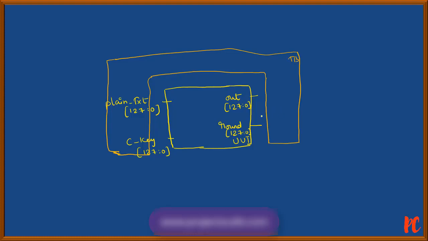If you observe with respect to this UUT, the output of this UUT will be acting as input to this test bench. So the registers which are being declared as output in this UUT will be acting as wires with respect to the test bench. Similarly, the output of the test bench will be actually acting as input for this UUT.